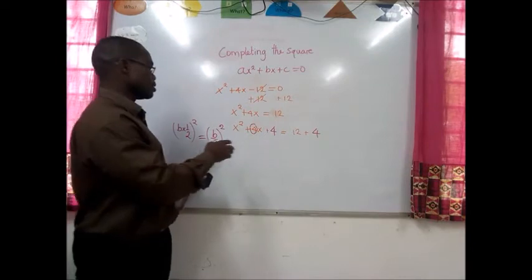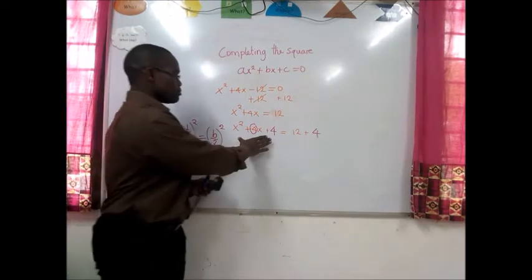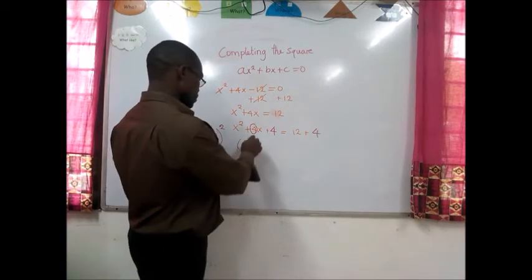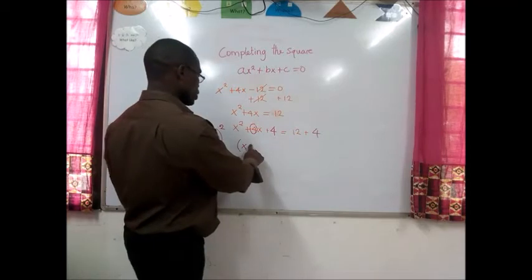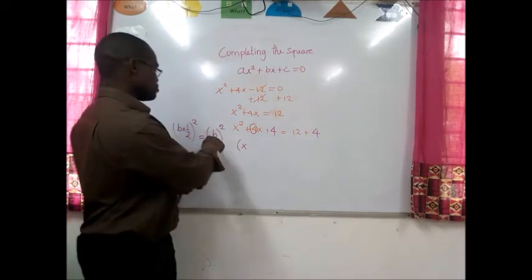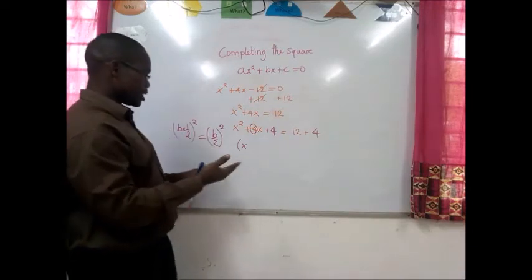Why do we do that? So that we can get the perfect square here. This perfect square is x plus what? Either plus or minus. In order to know what to add, it is b divided by 2, or b times a half.